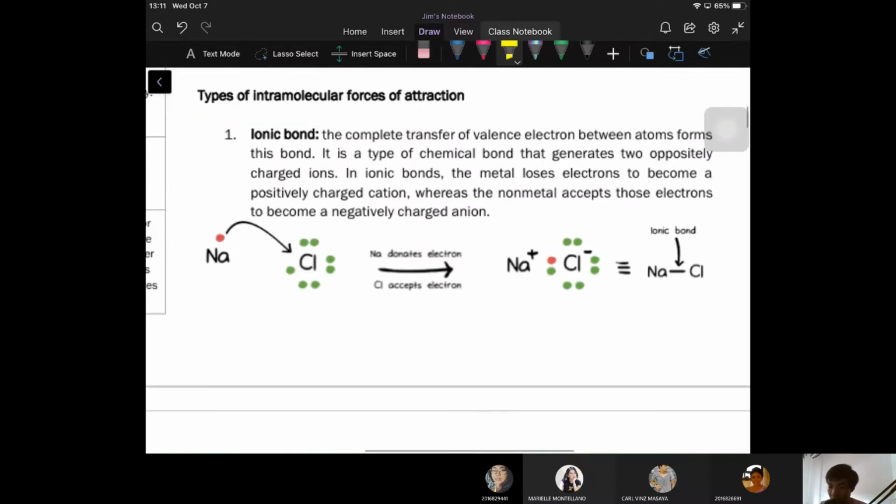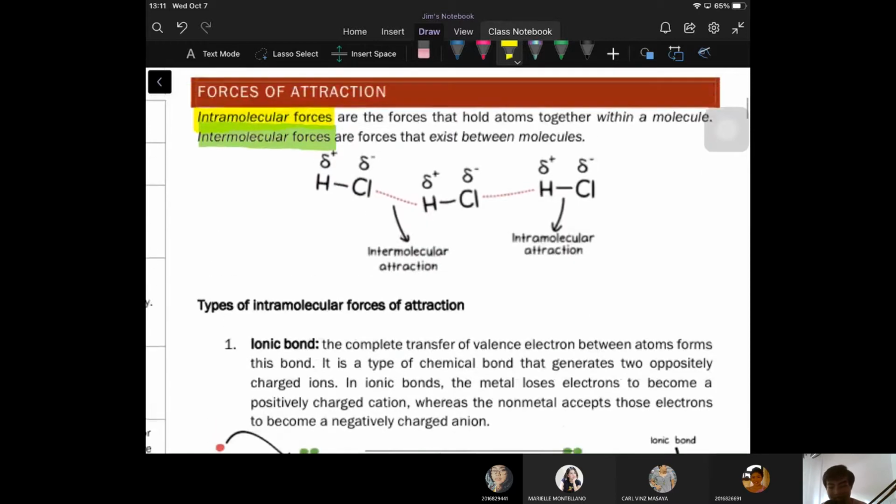Dalawa yan, di ba? Actually, tatlo, no? Mamaya, tignan natin. Yun yung mga types of chemical bonds, no? Okay, so again, pag intra within the molecule, we are pertaining to the bonds. So itong bond na yan between this atom and this atom creating this molecule, we call that bond the intramolecular attraction.